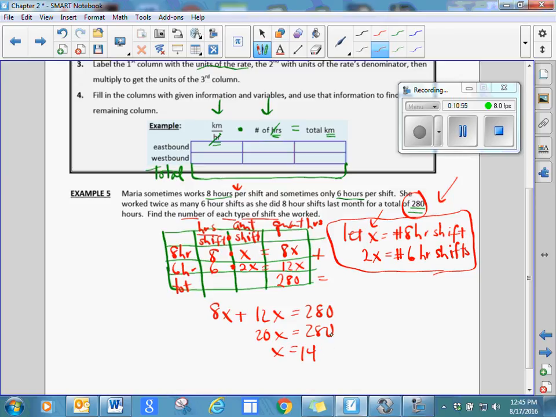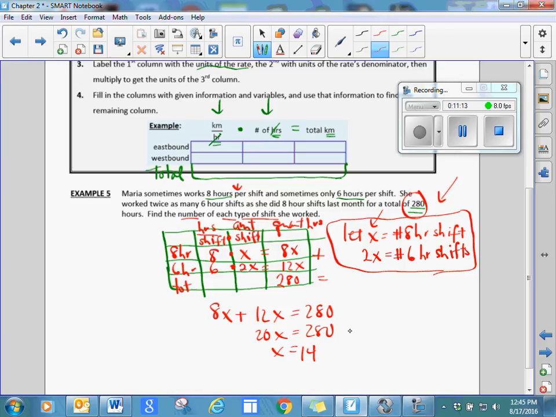14 what? I've been really working hard to get this set up, and I'm real proud of myself for getting x equals 14, but I've forgotten. I don't even know what this means. Oh yeah, I can go back up here and see x. I know, that's how many 8-hour shifts she worked.